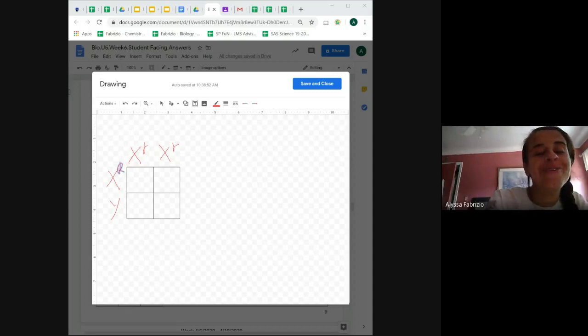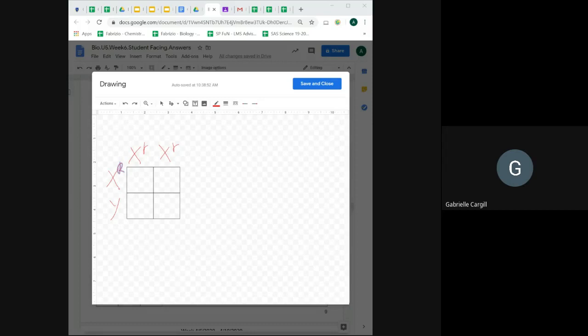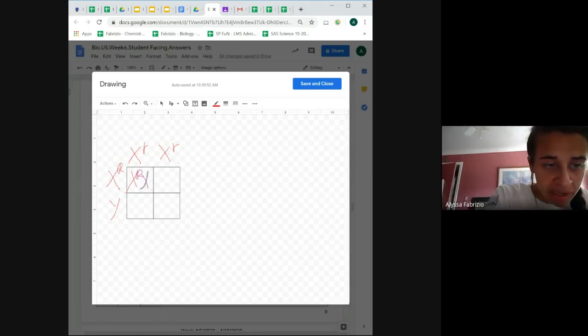What is our top left box look like? All right, that's an X and a capital R. Good. And the other one is the same thing, with a capital R. Remember, we're getting this one as well, right? This top one. So we get this.